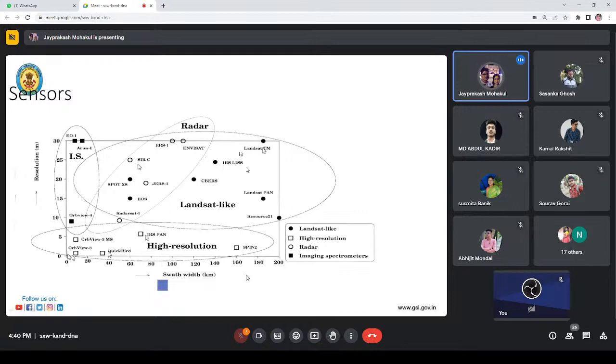So this is just to show you the different resolutions, and of course, if you have higher spatial resolution, your swath will also be relatively less, right? Like QuickBird has a swath of hardly 30 kilometers. On the contrary, a Landsat TM has a 185 kilometer swath.